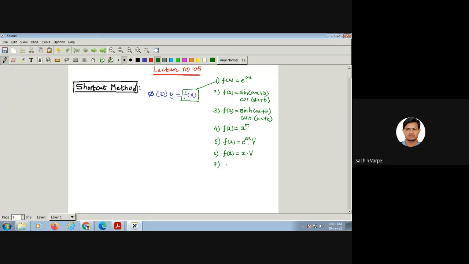And lastly, if this f of x is of the form x raised to m sine ax or x raised to m cos ax, then we have a shortcut. So if f of x is one of these forms, then we can directly get its particular integral by the formula. Clear to everyone?